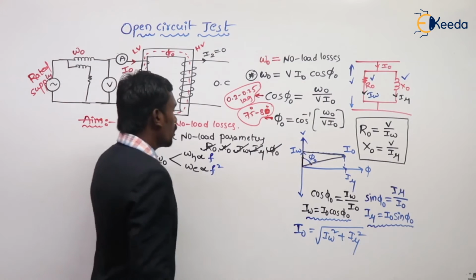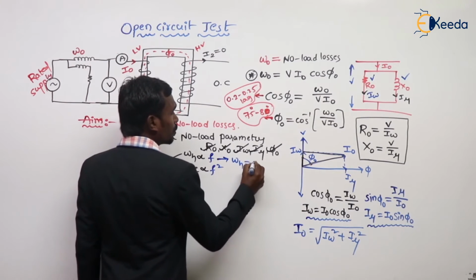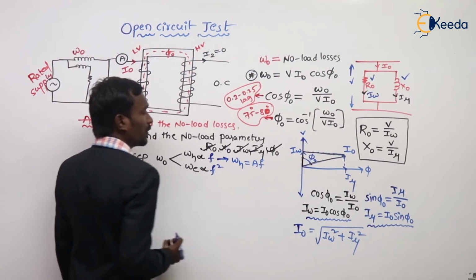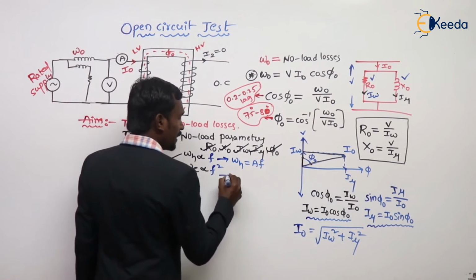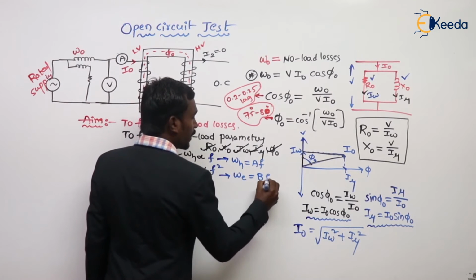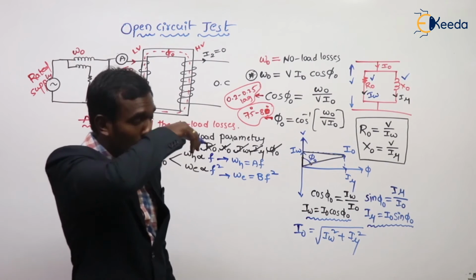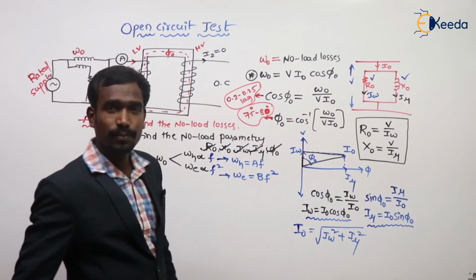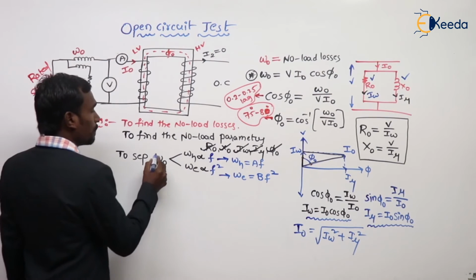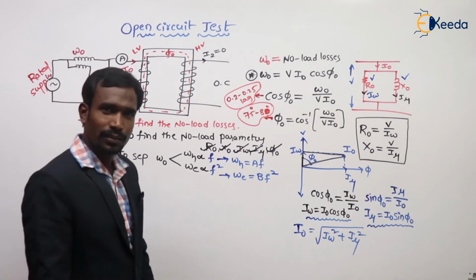From this, hysteresis losses is equal to some constant into frequency, and eddy current losses is equal to some constant into frequency square. Just remember this. Now I am going to separate the no load losses into hysteresis and eddy current losses.